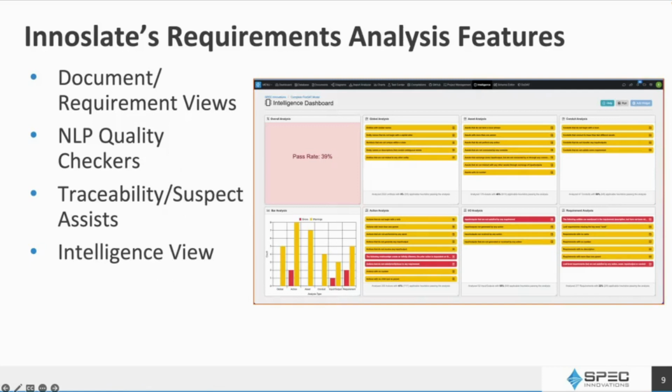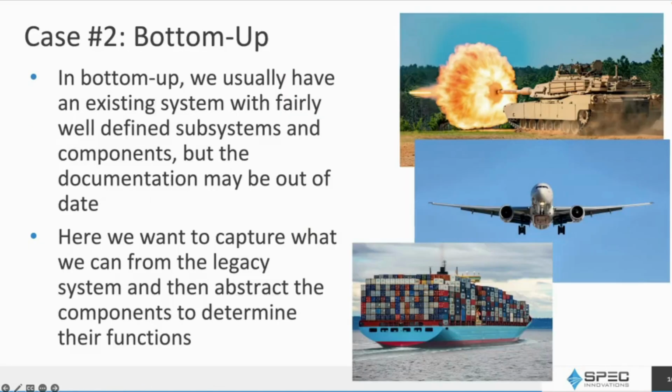So let's move on to case 2. So we're doing bottom up. Usually, this is an existing system, fairly well-defined subsystems and components, but maybe the documentation's out of date. That's not unusual to have happen over time. It didn't catch up with the mods that were performed, particularly if there were maintenance mods that may not have gotten put into the documentation completely.